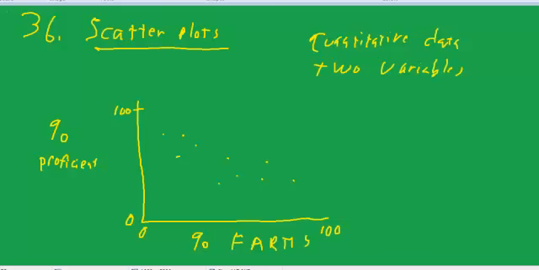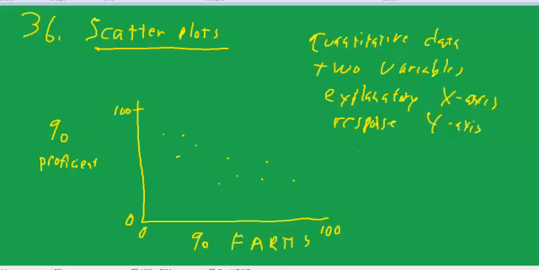If we think there's some causality involved, we put the explanatory variable on the x-axis, and the response variable on the y-axis. And then we have a bunch of data for each thing.